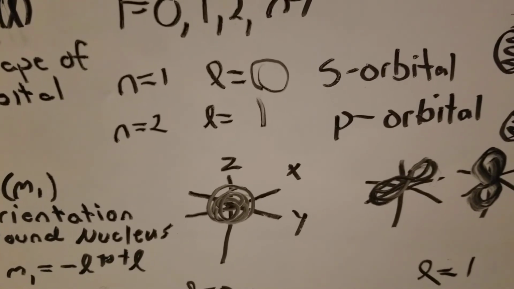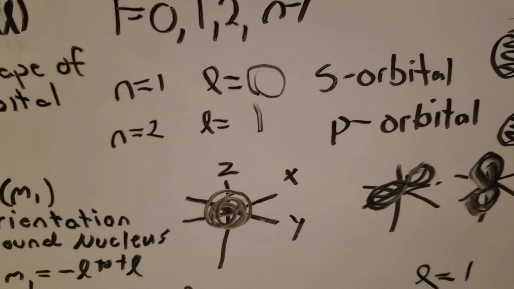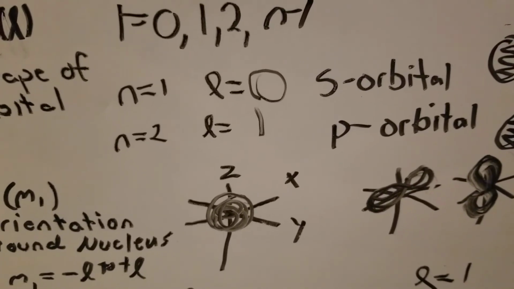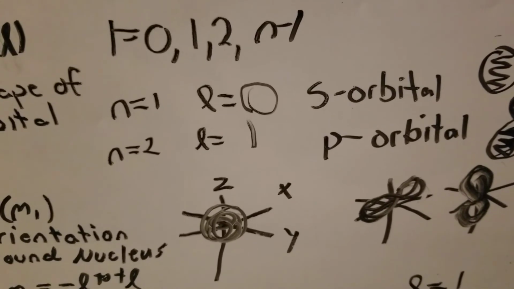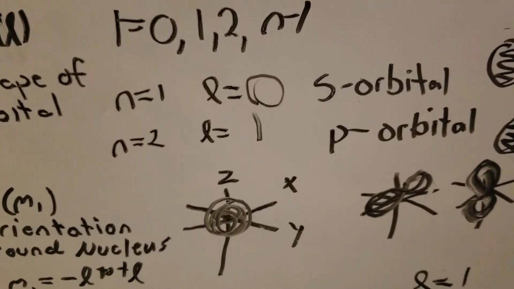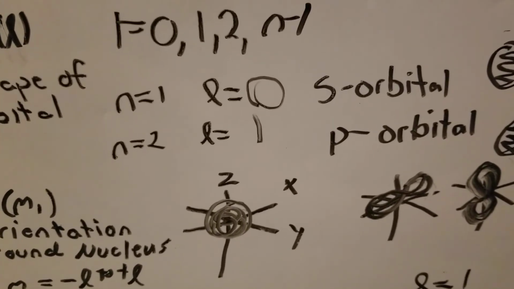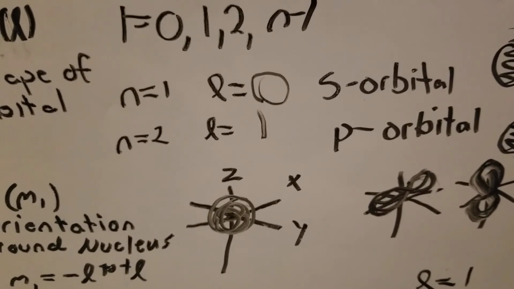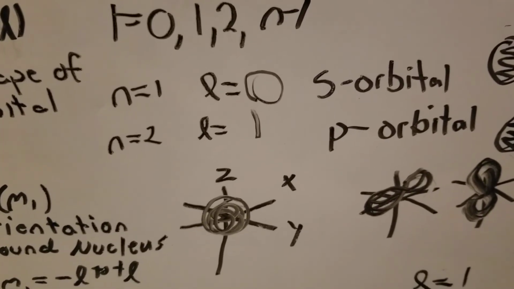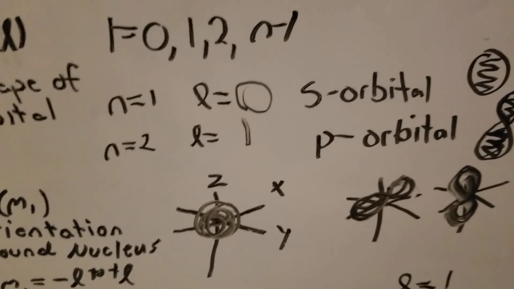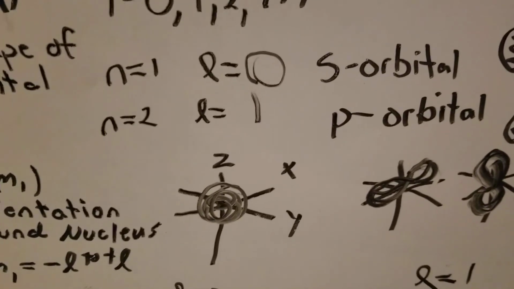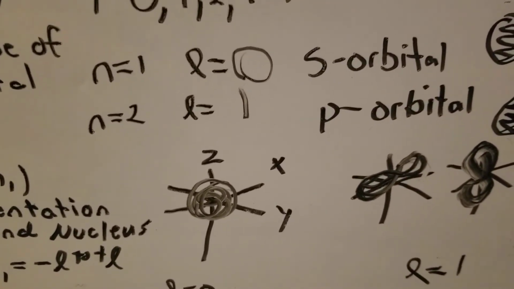Electrons like to be spread out, but what we'll also get to later is that electrons do not like to be close to each other. And when you have multiple orbitals surrounding one nucleus, these orbitals and their orientations will spread out as much as possible. But we have one more quantum number to go over.